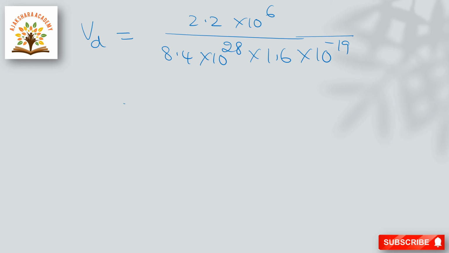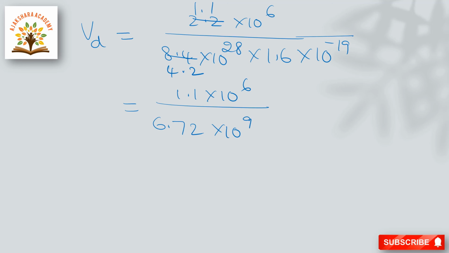So that is equal to, here 2.2 by 2 is 1.1 and 8.4 by 2 is 4.2. So 1.1 into 10 to the power of 6 by here 4.2 into 1.6, it becomes 6.72 into 10 to the power of 9.